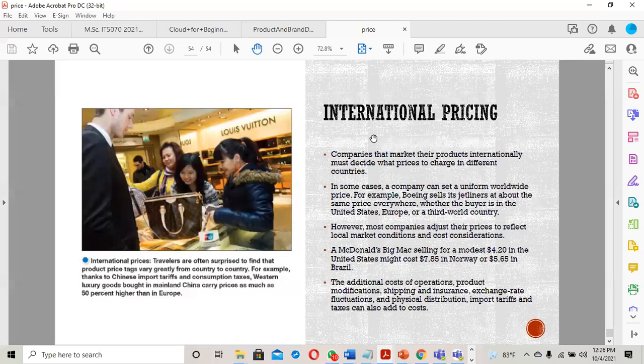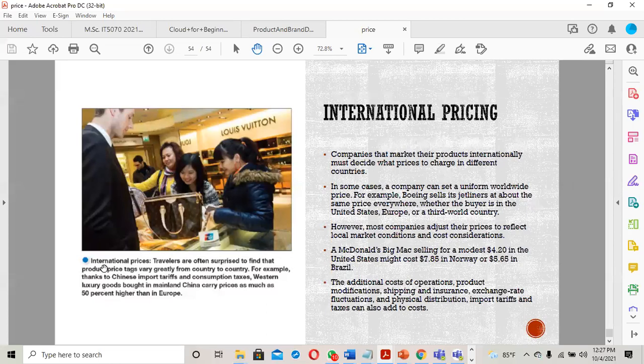The exact price you pay for a Big Mac in the US is not going to be the same amount in a different country, because the economic situation in that country is different. Based on that, you have to decide the price for that particular country, because it depends on tax rates and everything, so you have to include everything in the price. So you have to be careful. You can't sell the same product at the same price in different countries.